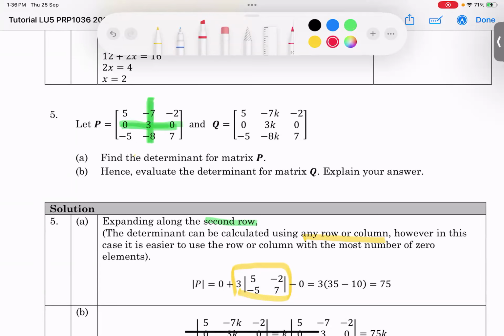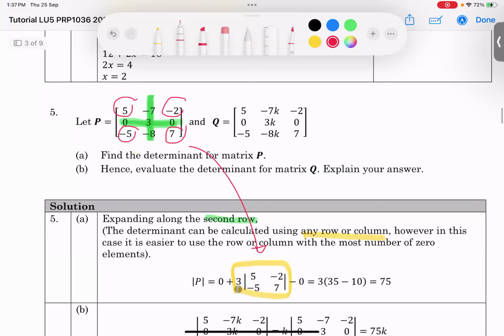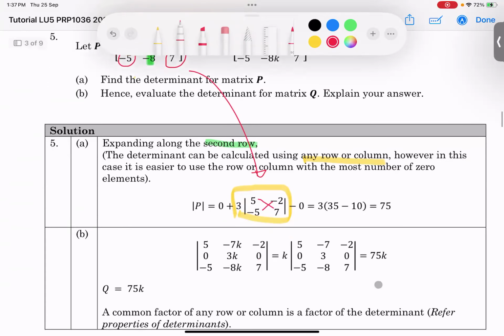So after that, we only take out these 4 numbers, which will be involved to become your determinant. This one will become your determinant here, -0. Okay, so you can see from here, this one is plus and minus. So you get this one. How to find the determinant? Again, this one and this one multiply, minus this one and this one multiply. So you get 75.